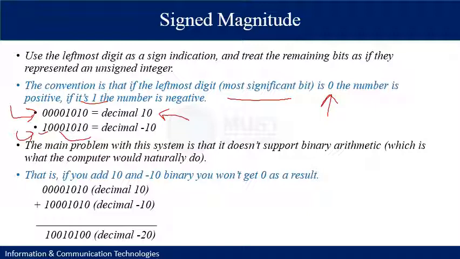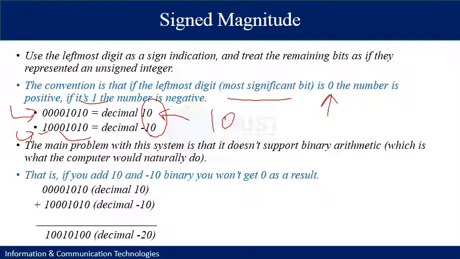However, this representation leads to many problems, as this system does not support binary arithmetic, which is what computers would normally do. So for example, if you find the sum of these two values, 10 plus minus 10, you should get 0.